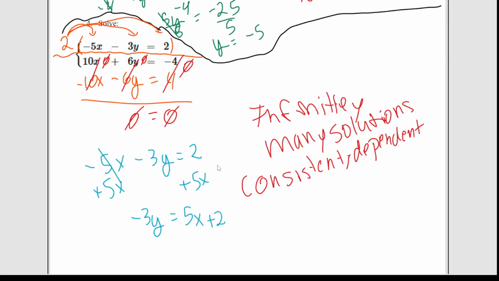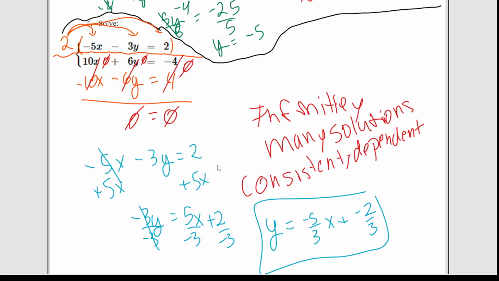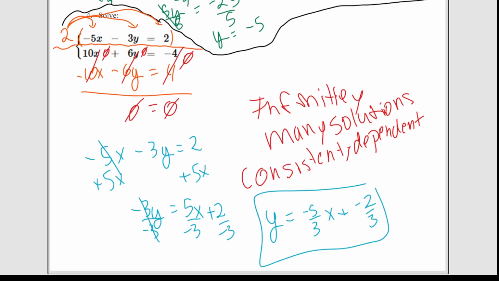Then as my next step, I would divide all three terms by negative 3 in order to get y by itself. So both of these are the equation y equals negative 5/3 x plus negative 2/3, rearranged in some way. So it has a slope of negative 5/3 and a y-intercept of negative 2/3.